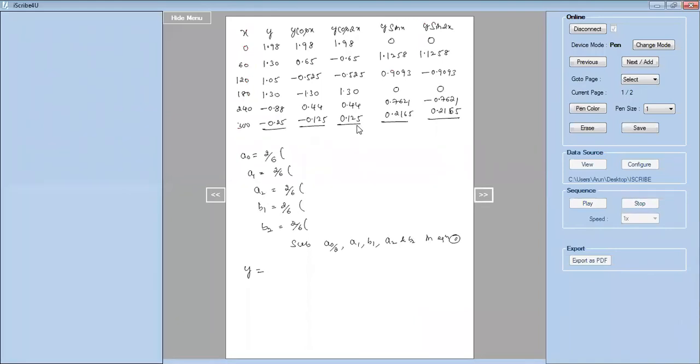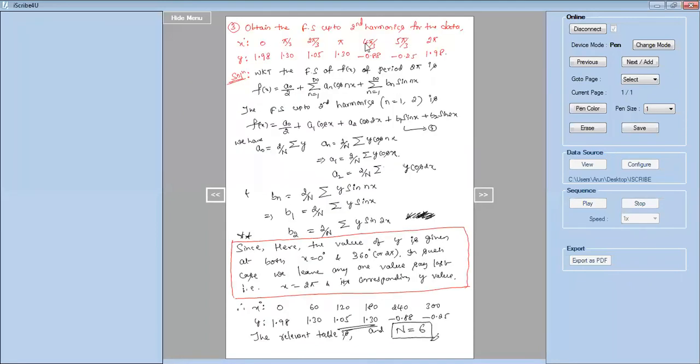This is what we did in the last class when the period is 2 pi. If x is given in degrees, or in radians like pi by 3, 2 pi by 3 and so on, it is a periodic function of period 2 pi, and you follow this procedure to solve a problem of harmonic analysis. So this completes your 2 pi period problems of harmonic analysis.